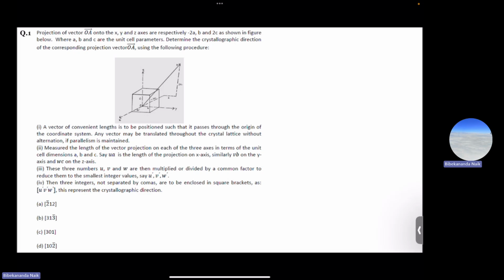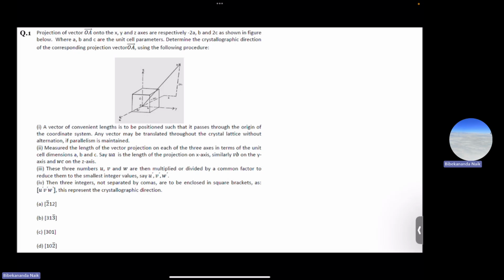Say ua is the length of the projection on the x-axis, similarly vb the length of the projection on the y-axis, and wc on the z-axis. These three numbers u, v, and w are then multiplied or divided by a common factor to reduce them to the smallest integer values, say u prime, v prime, and w prime. Then these three integers, not separated by any commas, are enclosed in square brackets as [u' v' w']. This represents the crystallographic direction.